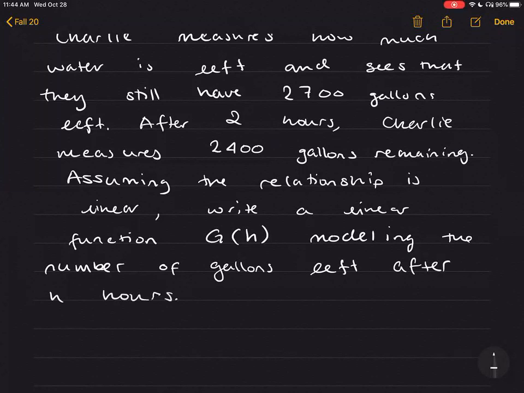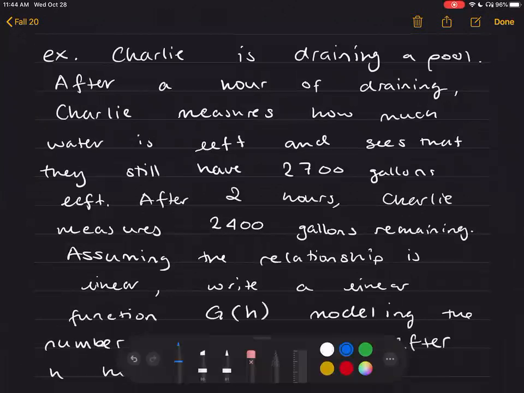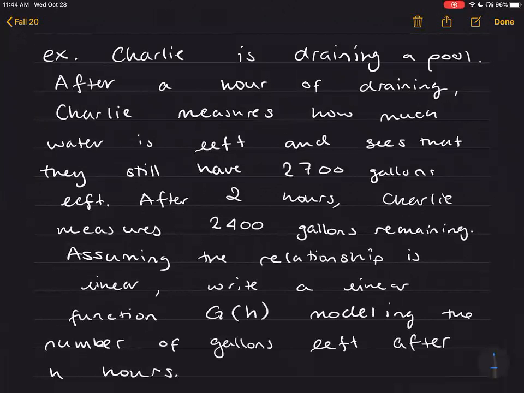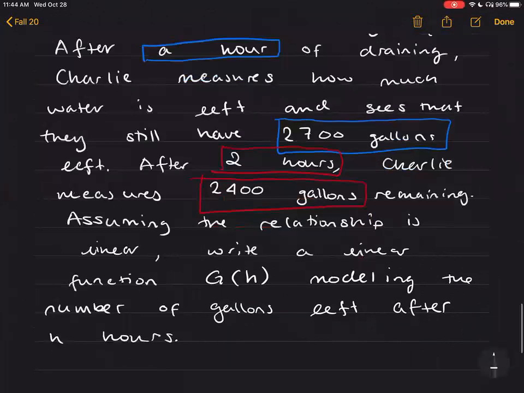Okay, so if we look at our setup here, we see that we're given that after 1 hour, we have 2,700 gallons, and after 2 hours, we have 2,400 gallons. So we write these out here in compressed form.